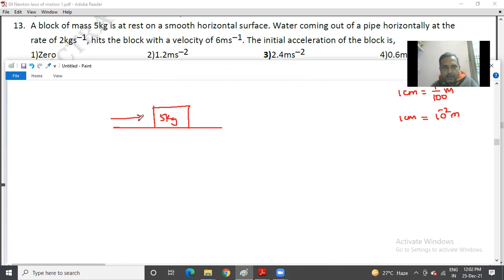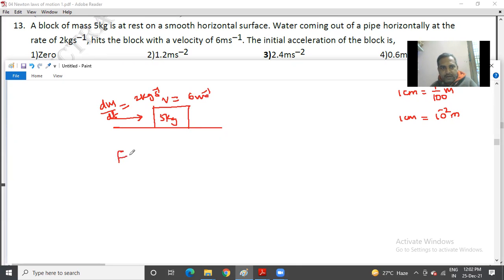This block is hit by a jet of water with dm by dt of 2 kg per second, with the speed of v equal to 6 meters per second.